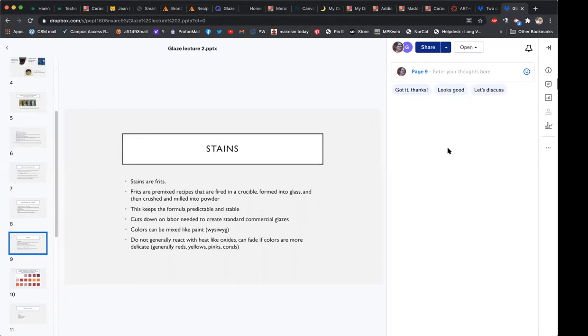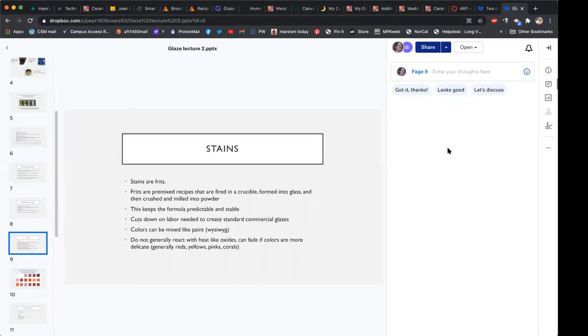So if you have a blue underglaze, the colorant that makes the blue is cobalt, but it's already been pre-fired in there and then ground up. So that blue is kind of like a crayon color. It's going to be really predictable. It's not going to do a lot of weird things. It's already been fired and taken through the stress of being heated up.